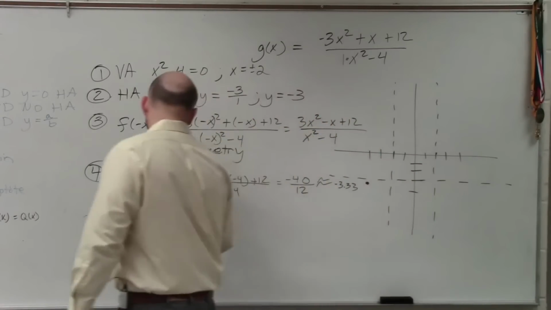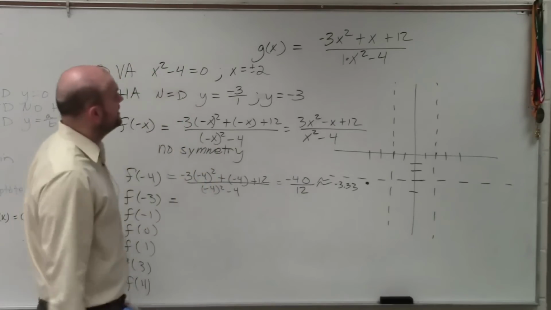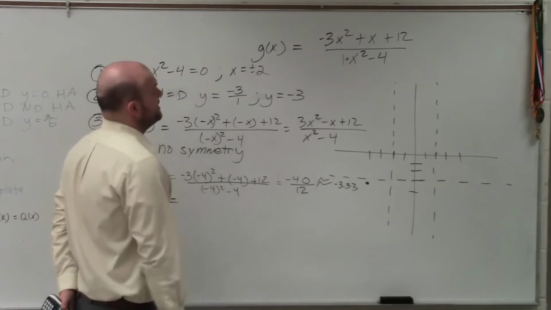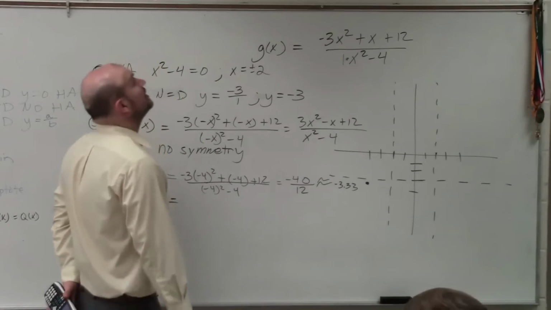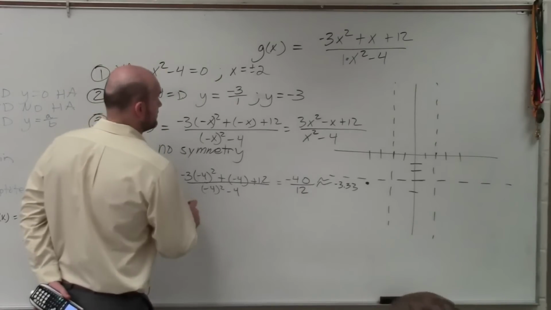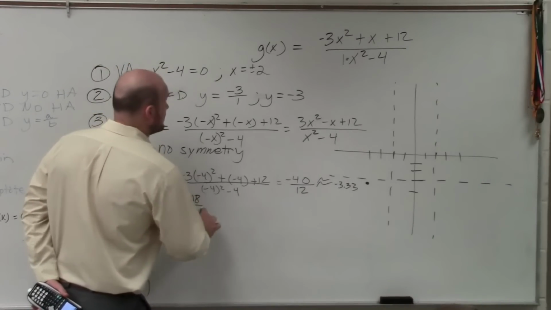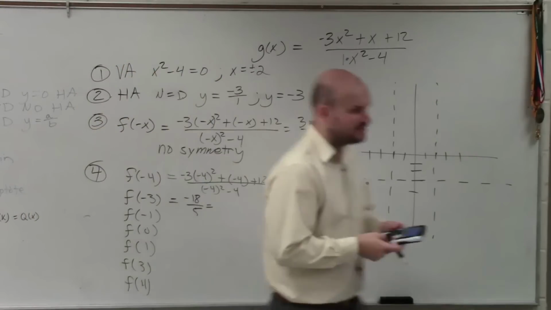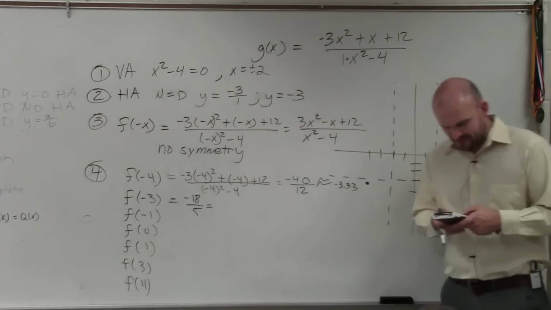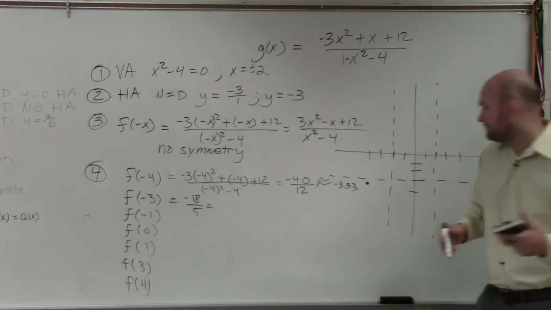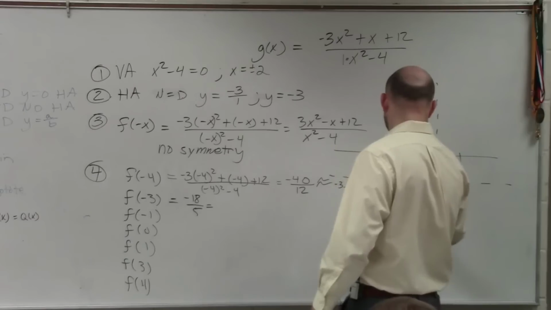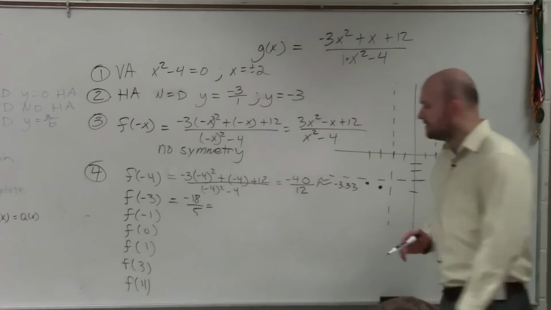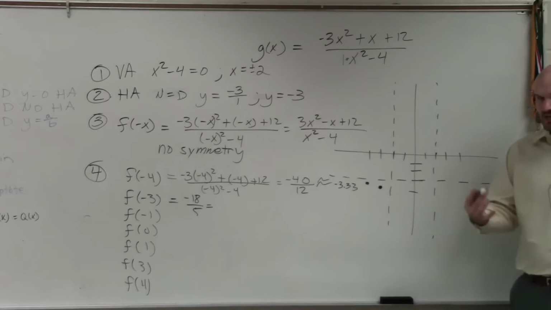OK, let's do -3. If I plug in -3, that's going to be 9. So that's going to be -27, -30, -30. So that's going to be -18 over 5. Does everybody follow me? I'm doing my math in my head. -18 divided by 5 is -3.6. OK, so let's look at this again.